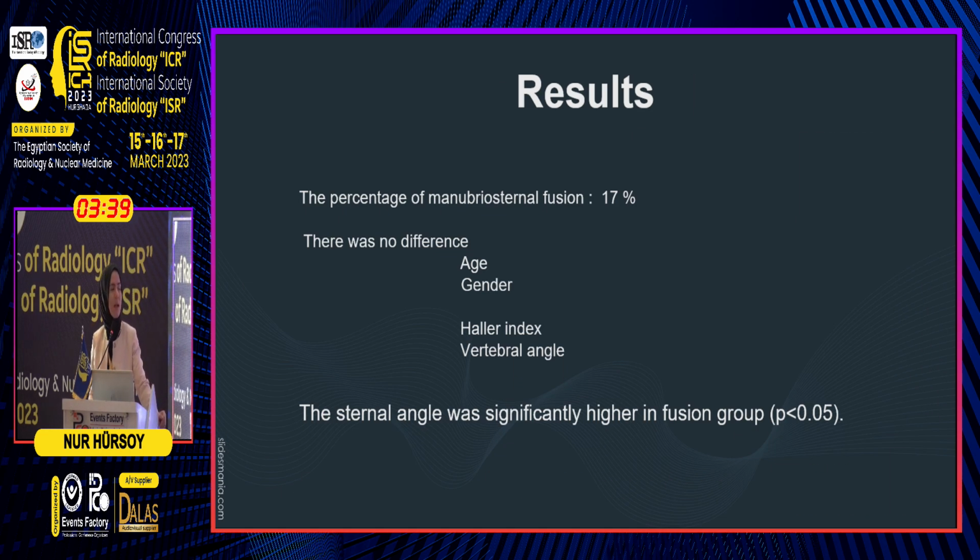And results: the percentage of Manubriosternal fusion is 70%, and there was no difference in age, gender, Heller index, and vertebral angle. However, the sternal angle was significantly higher in the fusion group.